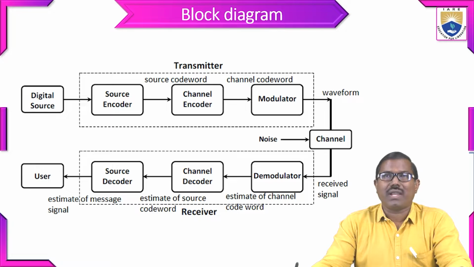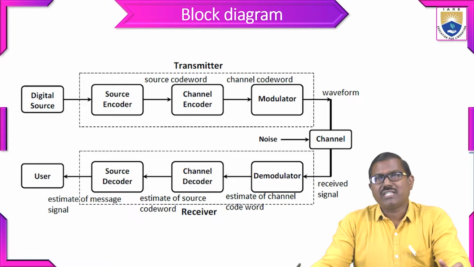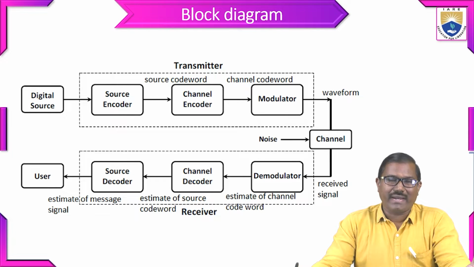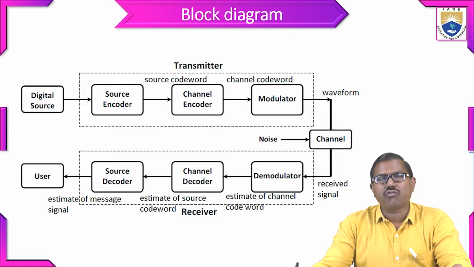These three can be called the transmitter. In the transmitter, first we require information, that is the digital information, and the digital information is going to be encoded in the source encoder.